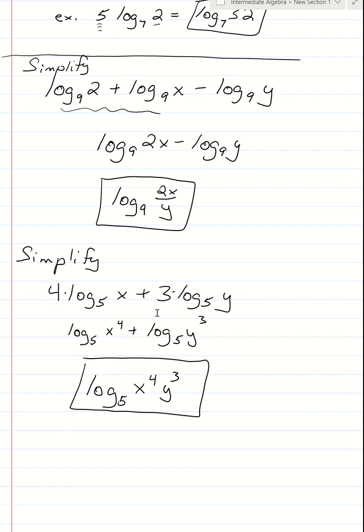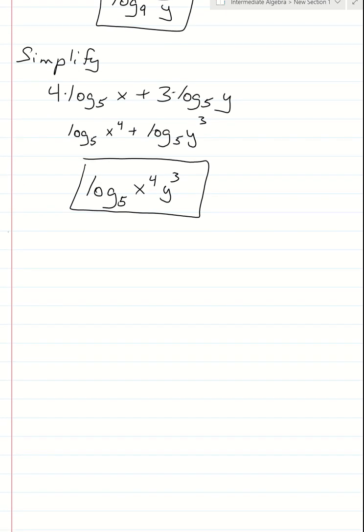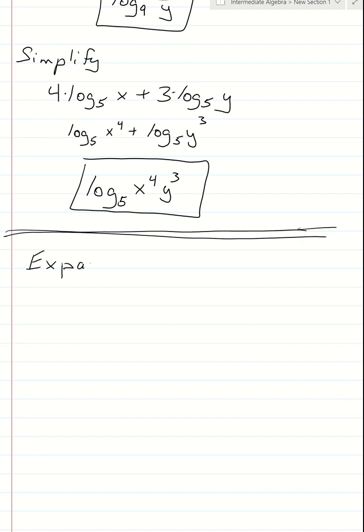Sometimes we also want to expand, okay? We want to use those same properties and go in the reverse order of the simplifying. Sometimes we want to expand your logarithmic expression.